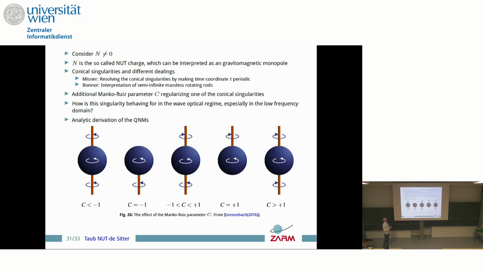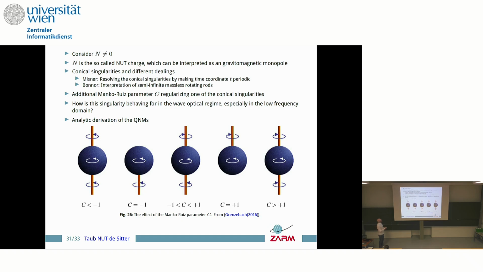gravitomagnetic monopole. And the reason for this is that it is very similar to the magnetic monopoles in many features. And it also has very interesting interpretations, which always contain, for example, closed time-like curves or the presence of a conical singularity, which can be eliminated if you go into a different interpretation.